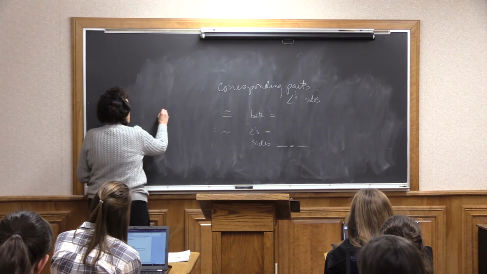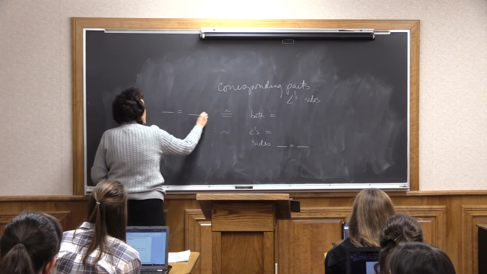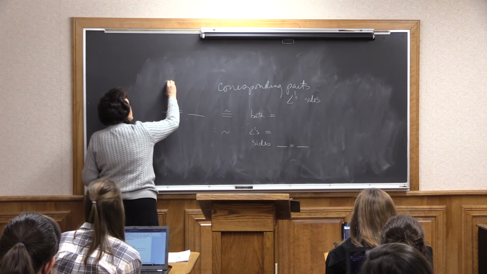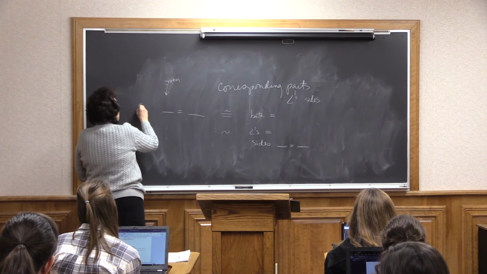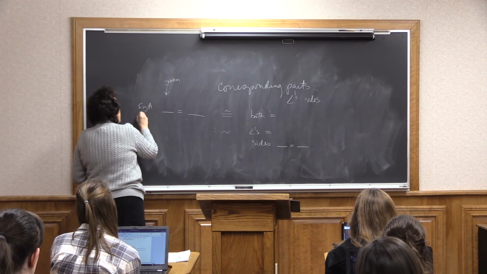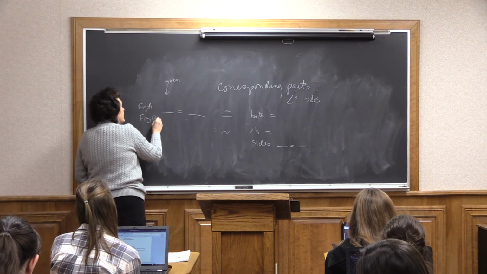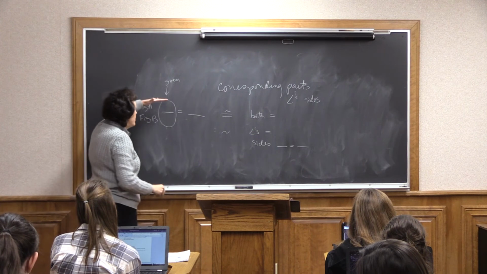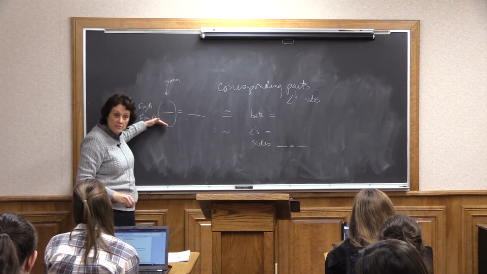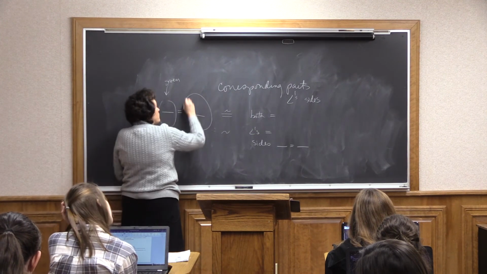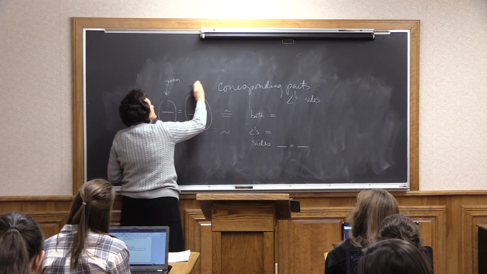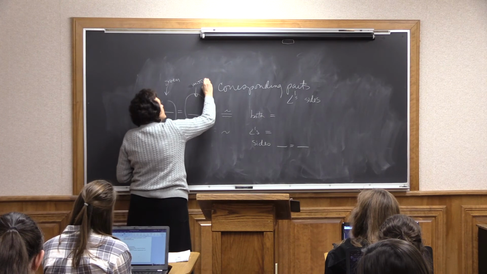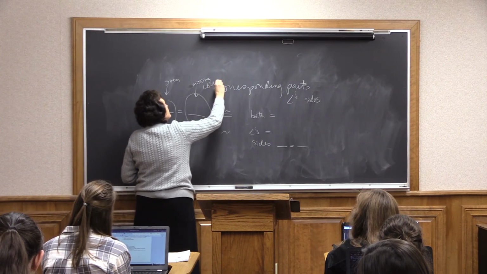So when we're setting up our proportions, we have to have a given proportion between figure A, let's say, the first triangle, and figure B, the second triangle. We have to have the proportion of triangle to triangle. Then in the second ratio of our proportion, we will have the missing corresponding side.